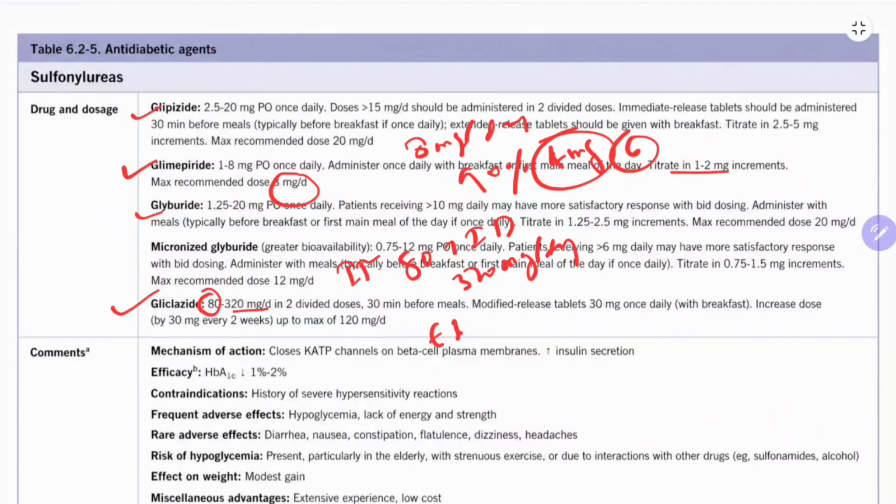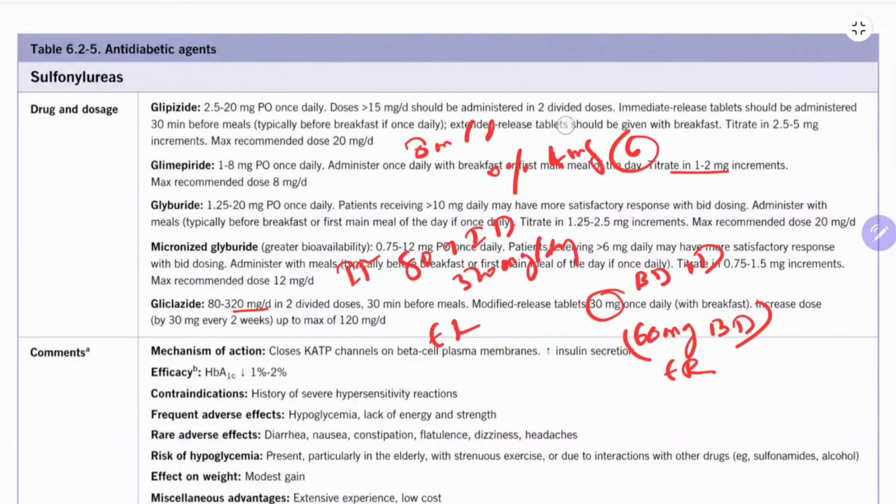Whereas in extended release formulation, you use it at 30 mg once daily or twice daily also you can use, OD or BD, and you can go up to 60 mg twice daily. Maximum dose is 60 mg twice daily in case of extended release formulation. Okay. So these two drugs are very much commonly used, just to remember. Extended release formulation is used in normal patients, not in CKD patients, and immediate release formulations are preferred in CKD patients. Okay, this is the information.